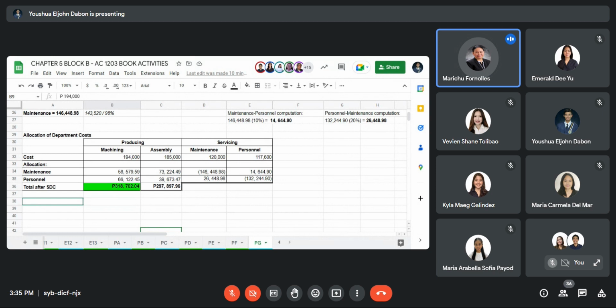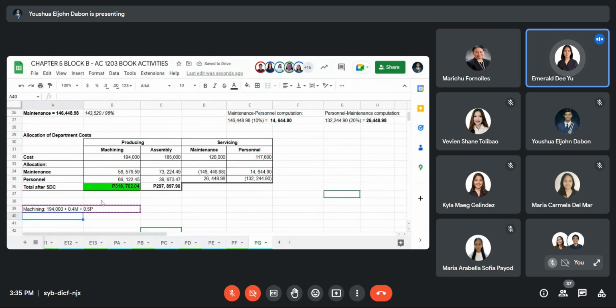Okay, solve for the total machining overhead after such allocation using the equation you have stated earlier. So 194,000 plus 40% times what is the value for maintenance? Diba you computed that at 146,448.98, miss.